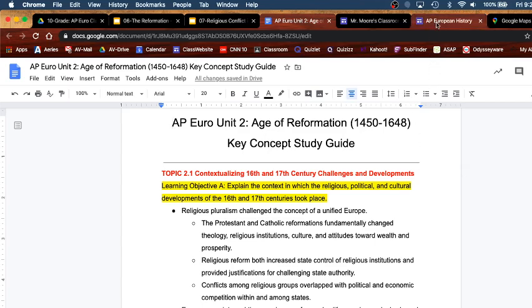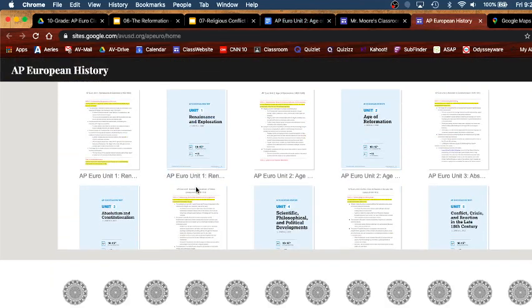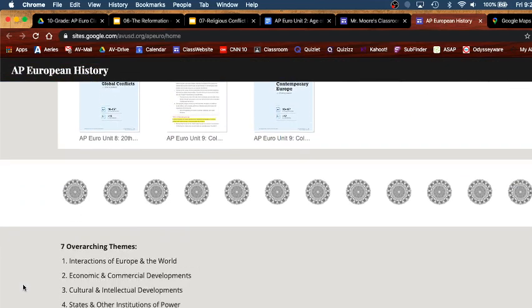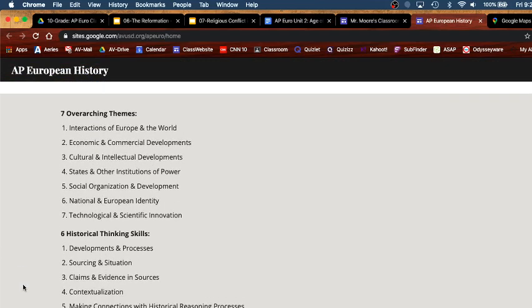I think this is another good chance to point out that there are, in this class, 6 critical historical thinking skills. The AP test isn't just about content. It's also about your ability to take ideas and conceptual thematic principles and show that you have a brain, show that you can prove understanding on those things.